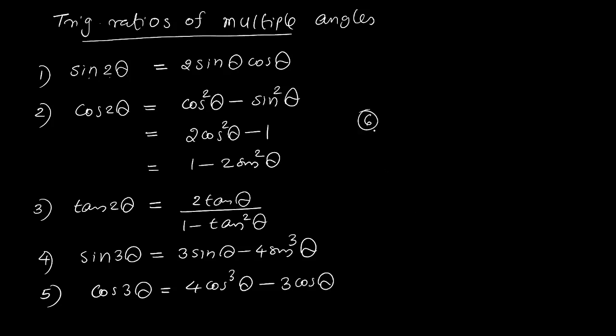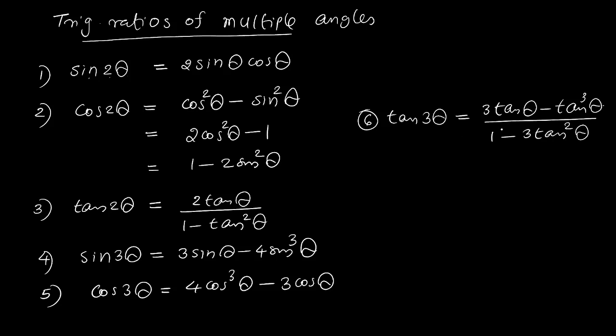The last one is rarely used, but let us learn it. Tan 3 theta: 3 tan theta minus tan cube theta divided by 1 minus 3 tan square theta. I will discuss all the questions based on these 6 formulas. Okay.